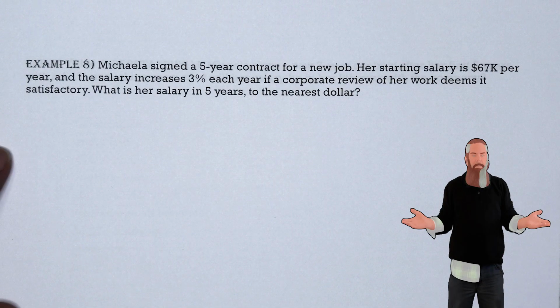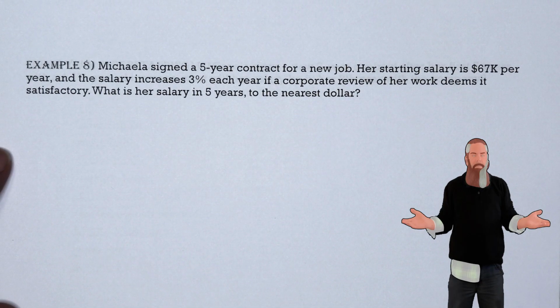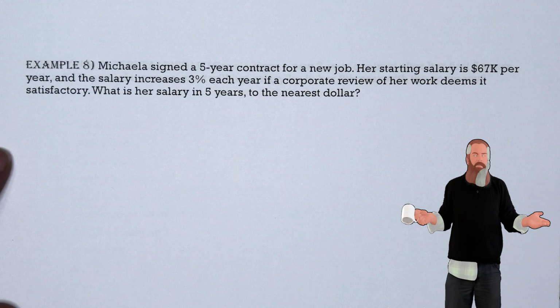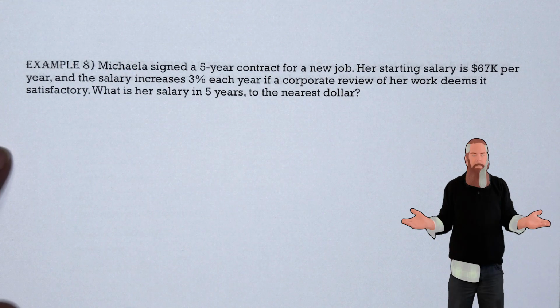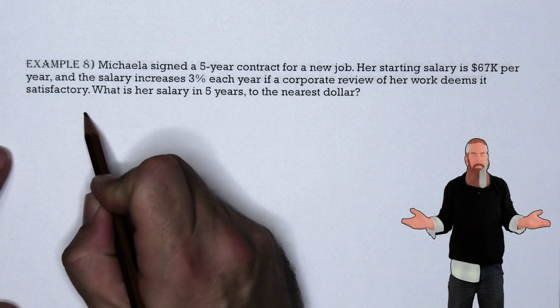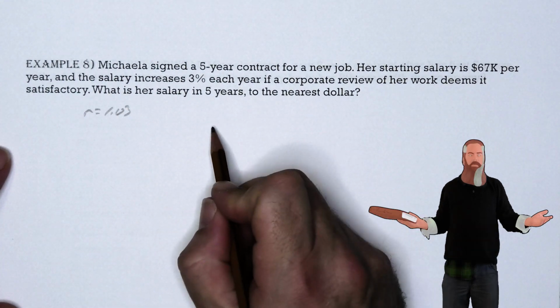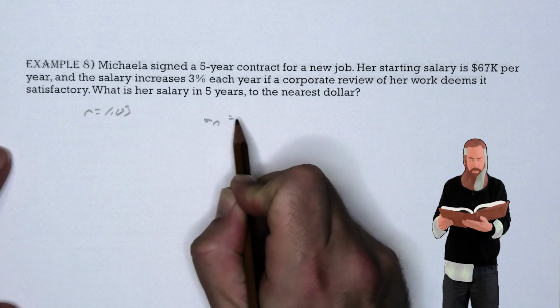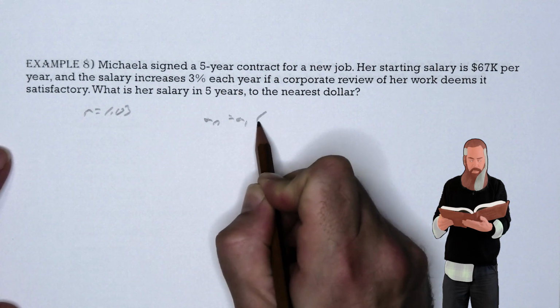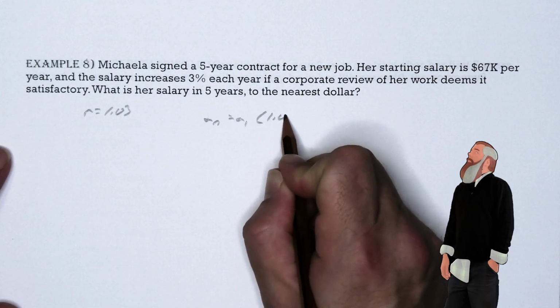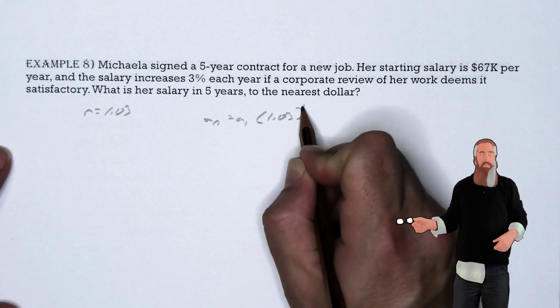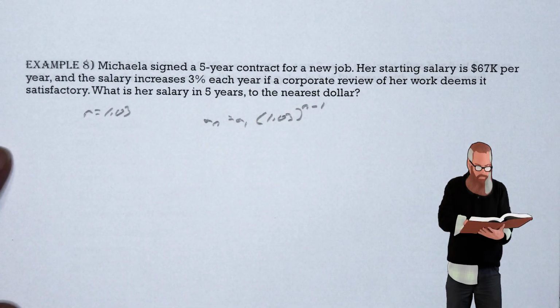This is an example of a geometric series with the first term being 67,000 and a common ratio of 1.03. See, her rate of increase is 1.03, so we can say that a sub n would be equal to a sub 1 times 1.03 to the n minus 1 power.